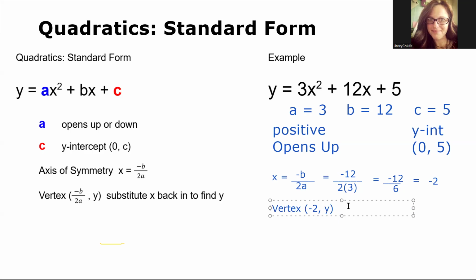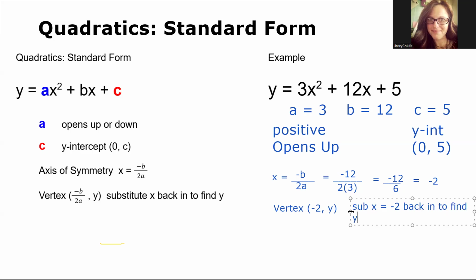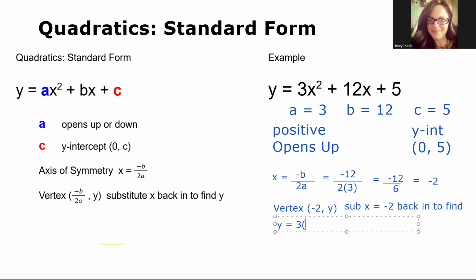Now we'll substitute x equals negative 2 back in to find the y value. And y equals 3 times x, where x is negative 2. Substitute negative 2. Plus 12 times x, where x is negative 2.